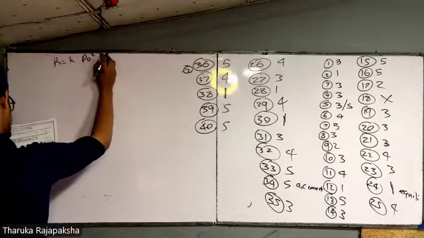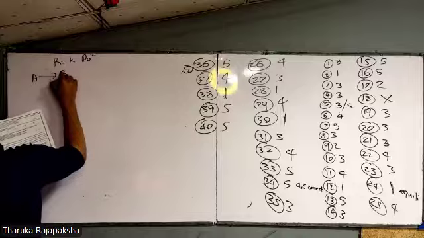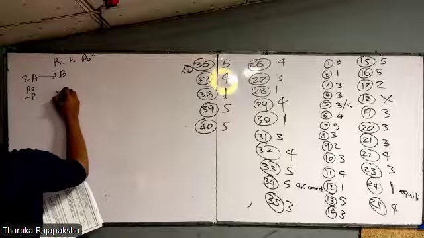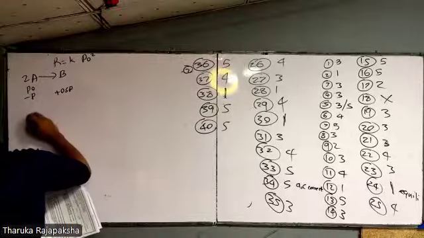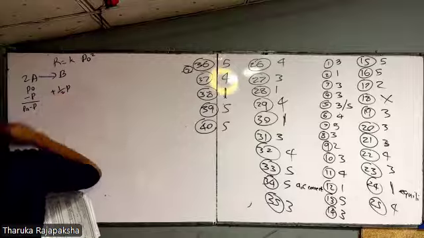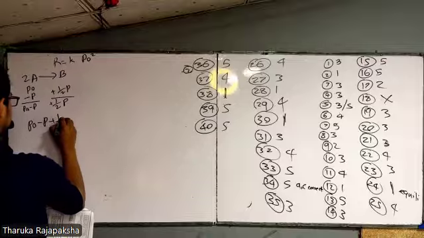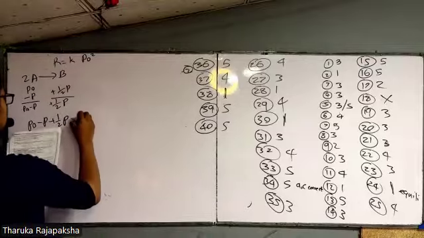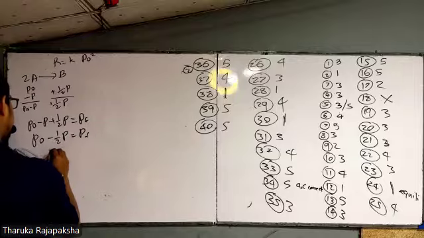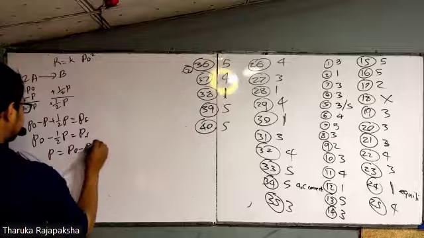Then the ICE chart: A goes to B, 2A goes to B. P naught, minus P, plus 0.5 P. P naught minus P plus half P becomes equal to PF. So P naught minus half P becomes PF. P is equal to P naught minus PF, multiplied by 2.